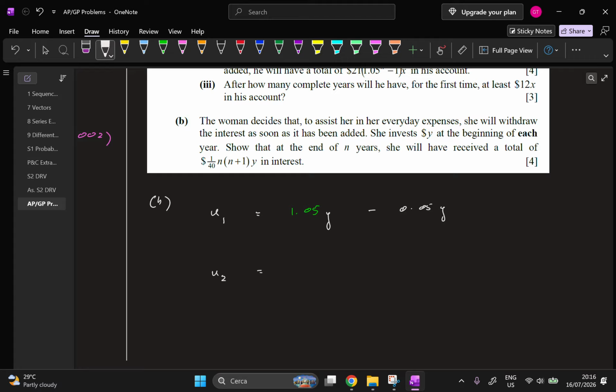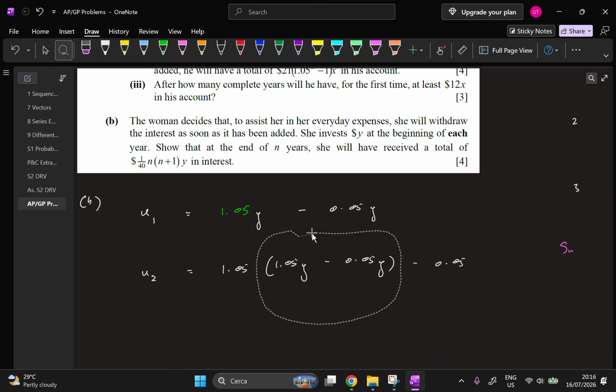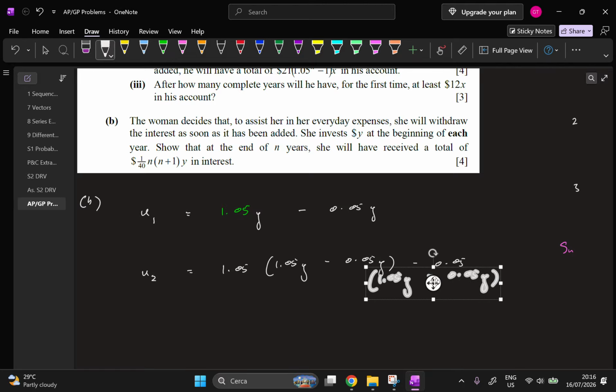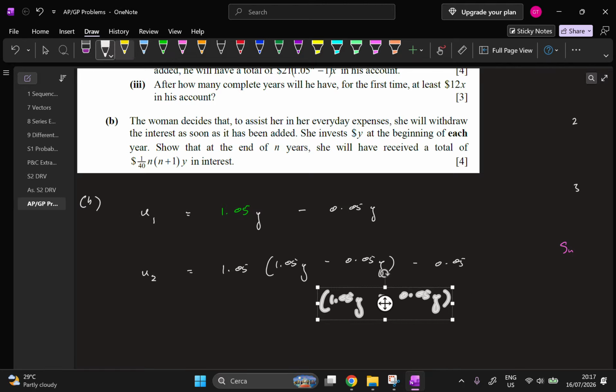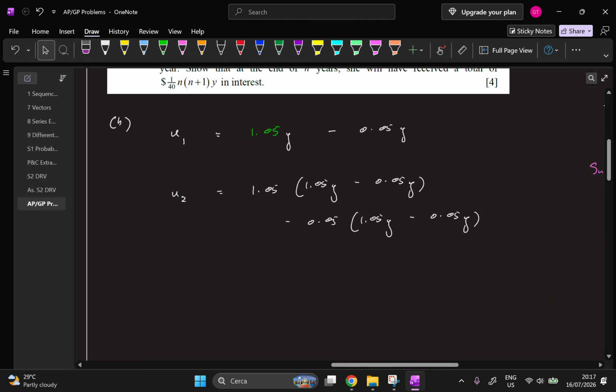And then U2 is just going to be repeating this process, and then she will withdraw the interest by withdrawing 0.05 of this entire thing. So this is going to be, no, I can generalize it to n already.